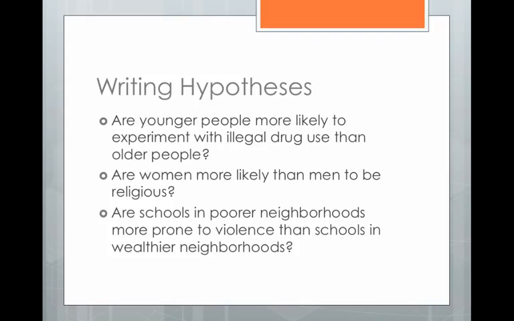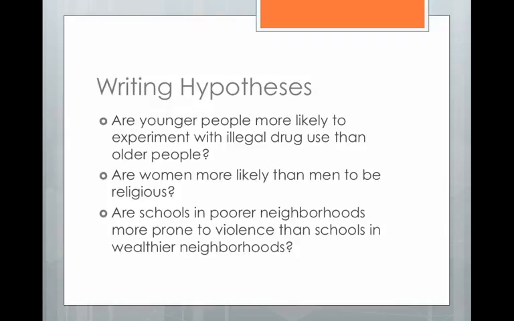So let's write some hypotheses. Let's start with these three research questions that we were talking about, and let's change them from a question to a statement. So remember, our hypothesis is some sort of prediction. So let's start with the first one. Are younger people more likely to experiment with illegal drug use than older people? So first we need to identify our variables.